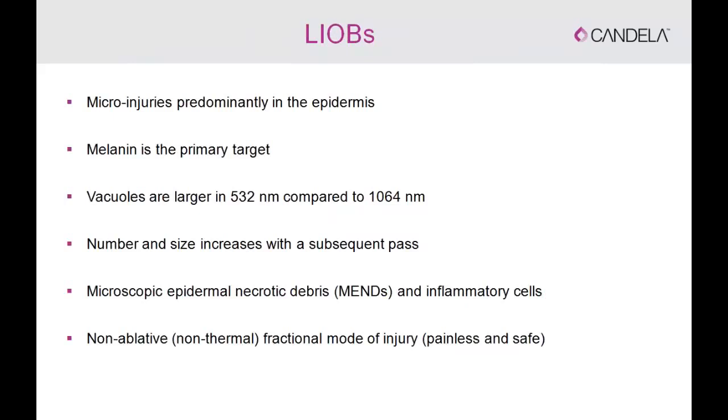That's where most of the LIOBs were observed, because melanin is the primary target, and melanin is mostly concentrated in the epidermis. Then that LIOB, the light-induced optical breakdown vacuole, generates a cascade of wound healing and an inflammatory response that leads to tissue remodeling, but also, interestingly, to microscopic epidermal necrotic debris, and that also helps with clearance of pigmentation.